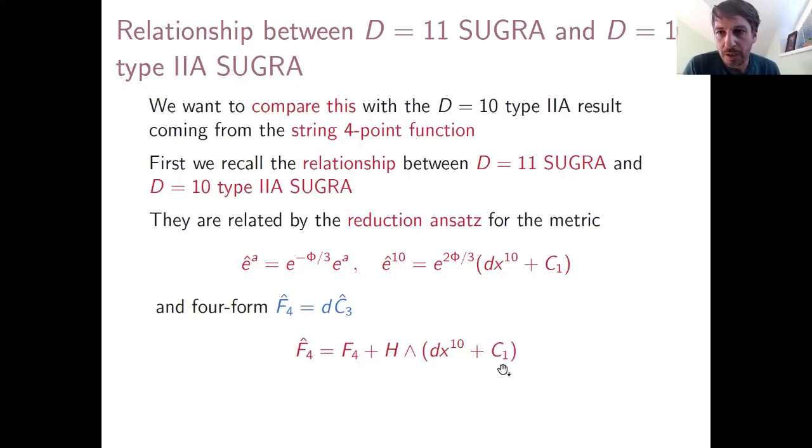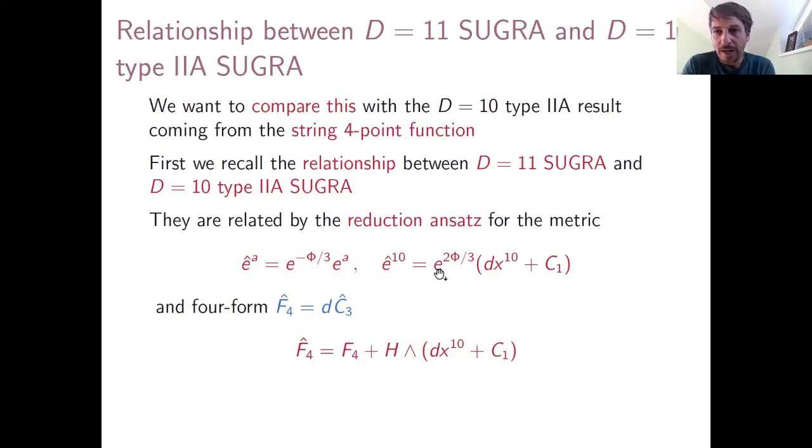So you see that all the fields of type 2A appear here, but in a very funny way. The dilaton appears in these factors. The 1-form Riemann field comes from the metric, whereas the 3-form comes from the 3-form in 11 dimensions. And the B field also comes from the 3-form in 11 dimensions. So things enter in a kind of funny way.